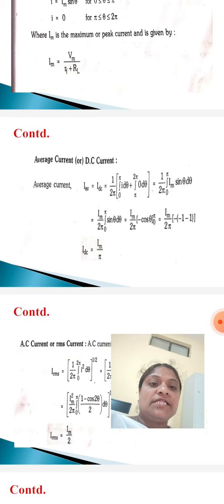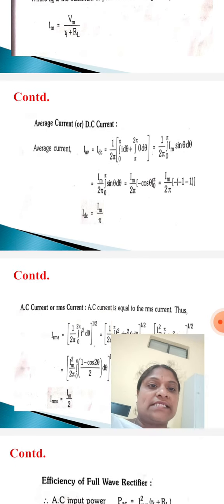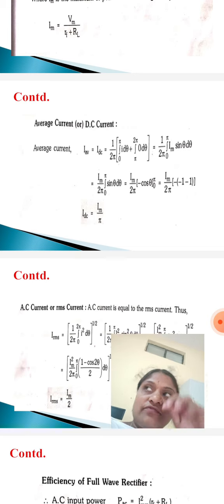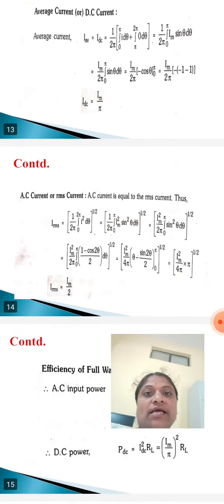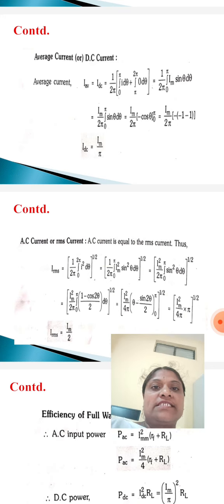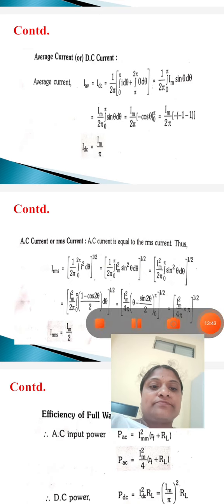Minus 1 minus 1 means minus 2, and the 2 gets cancelled. The total minus is positive. Therefore IDC = Im/pi. So this is the average current or DC current: Iav or IDC = Im/pi.